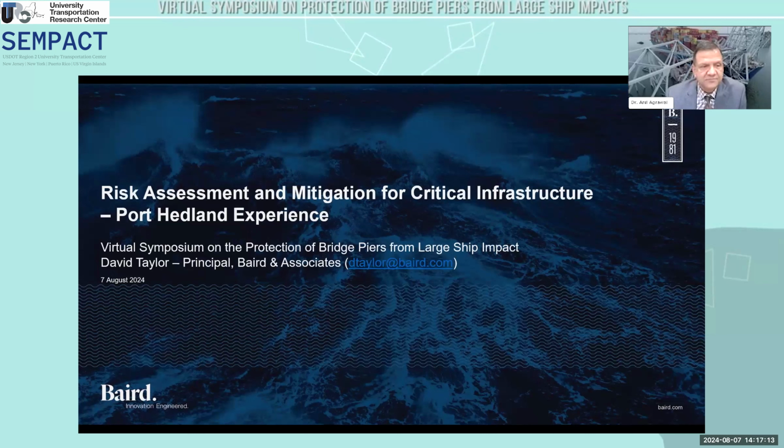expertise in this area. So with my presentation, I'm going to be giving an example of a large-scale risk assessment and mitigation. It's not specifically focused on bridge impacts, but it's focused on the same drivers around major navigation incidents that lead to blockage of critical infrastructure.